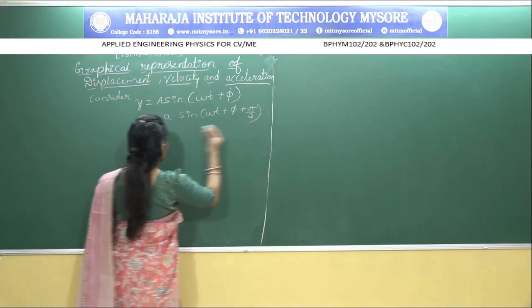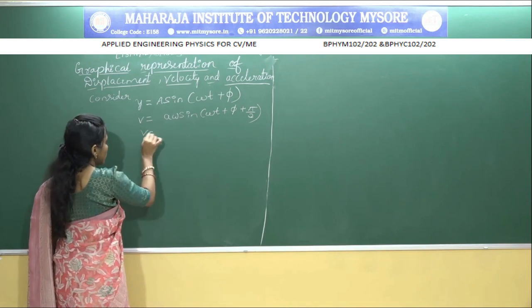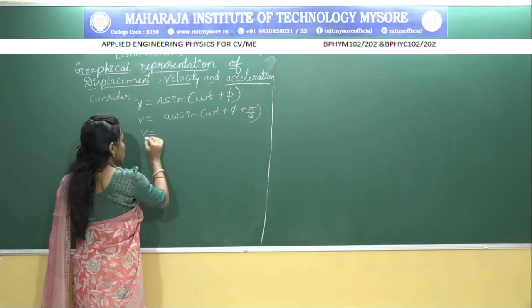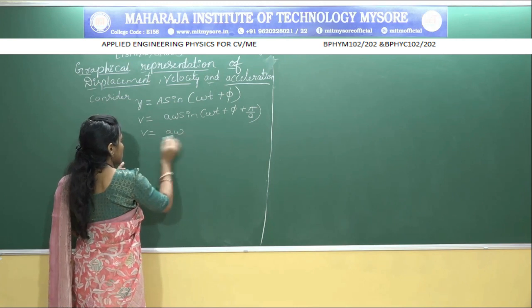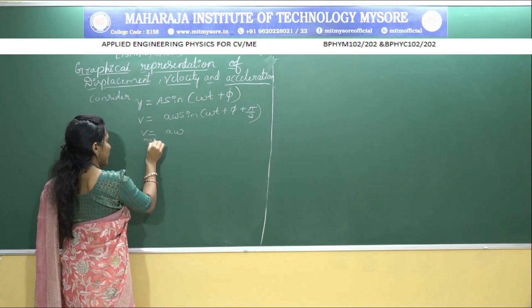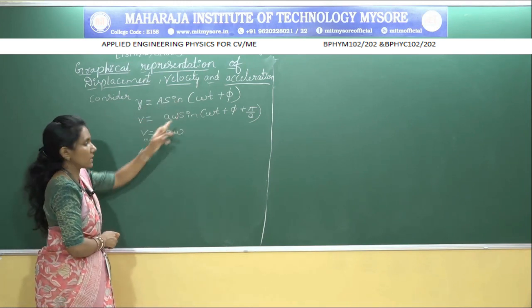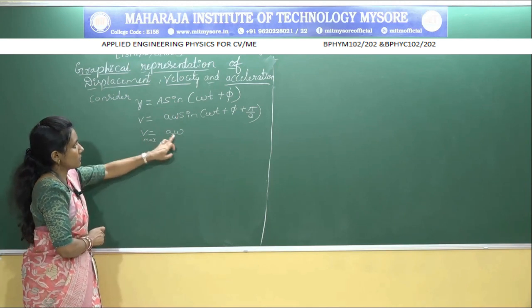If we consider only the magnitude, v is equal to A omega, that is the maximum. The displacement will be maximum at y is equal to A, and the velocity will be maximum, V max is A omega.